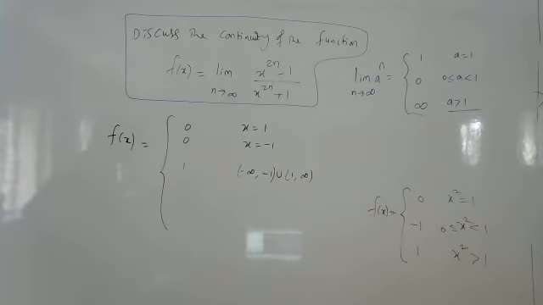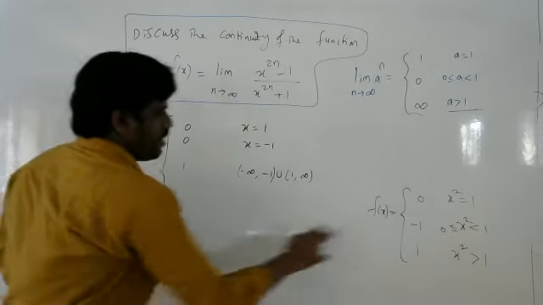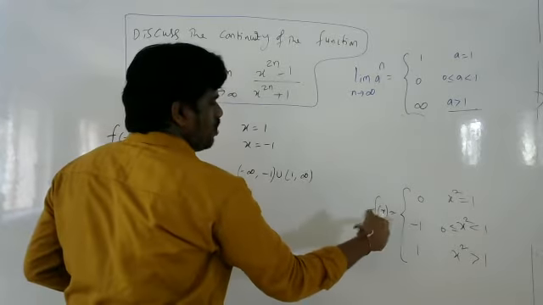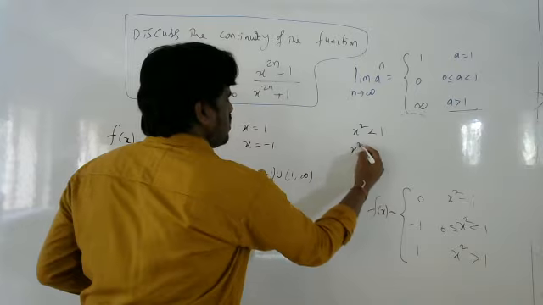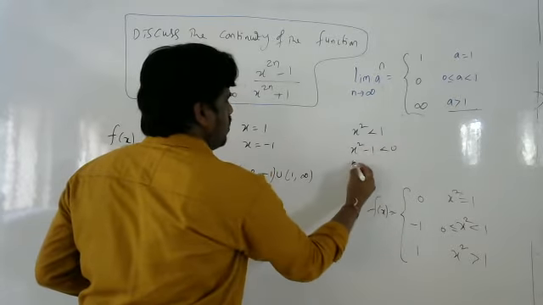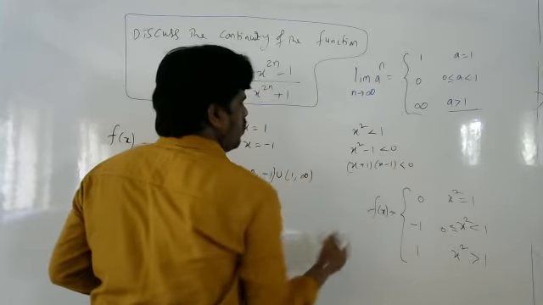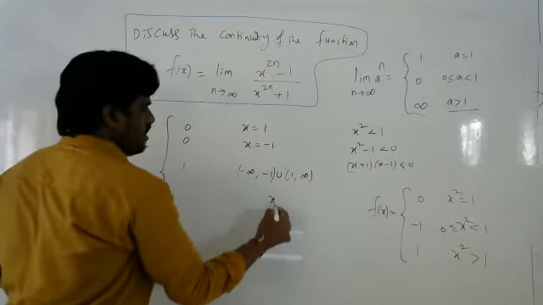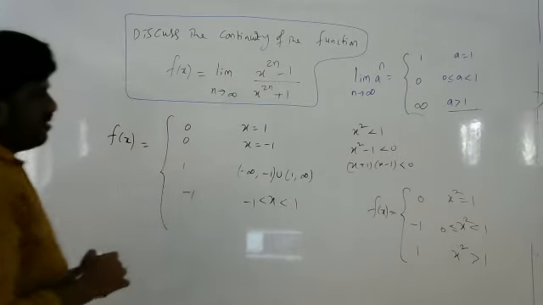When x is between minus 1 and 1, x square less than 1, that is x square minus 1 less than 0, so (x plus 1) into (x minus 1) less than 0, x in between minus 1 and 1, I get minus 1.